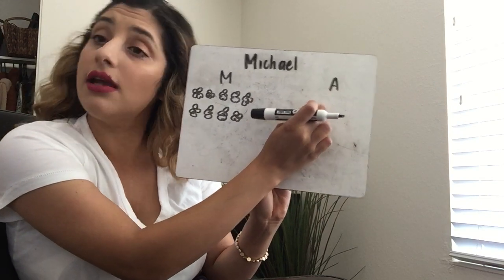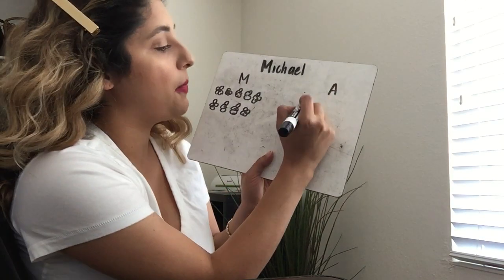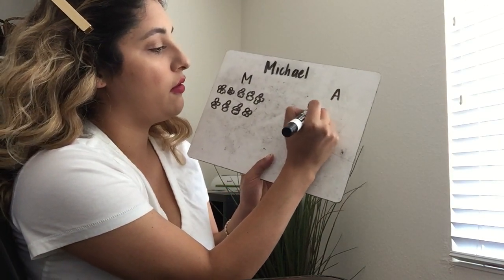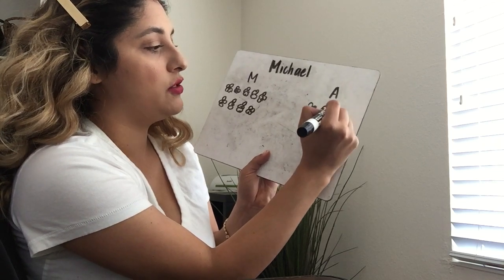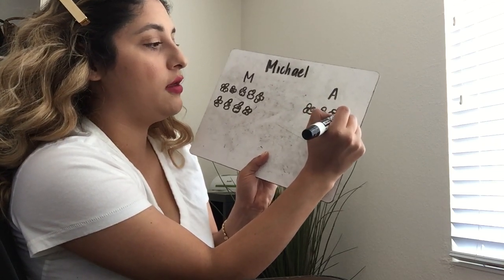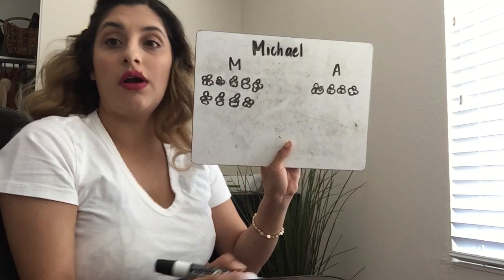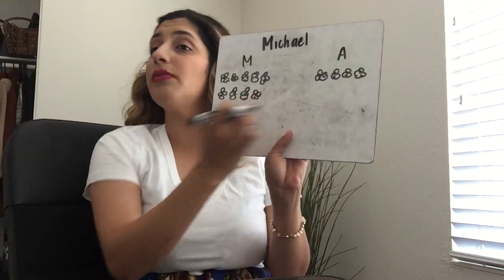Okay, and then over here in the afternoon he plants 4. 1, 2, 3, 4. 9 and 4. So I drew a picture.